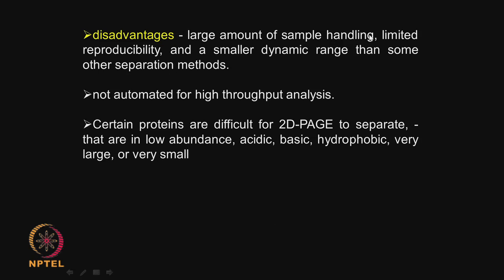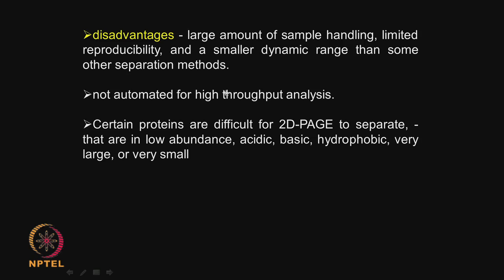So, I can compare two cells and then say some spots have appeared, some spots have disappeared and so on. Disadvantages: large amount of sample handling, as I showed you there could be thousands of spots. Limited reproducibility. If I take another sample from the same source and run a 2D, I may get a totally different pattern, and a smaller dynamic range than some other separation methods.